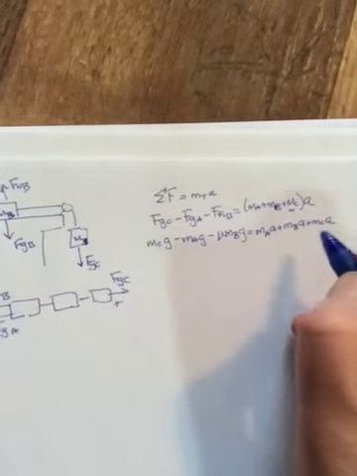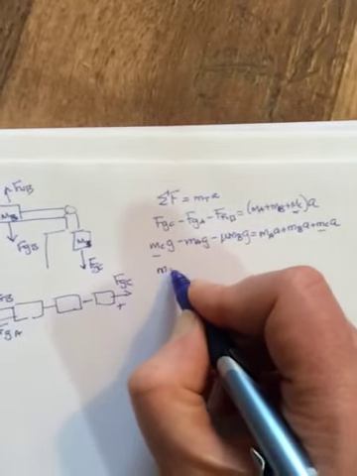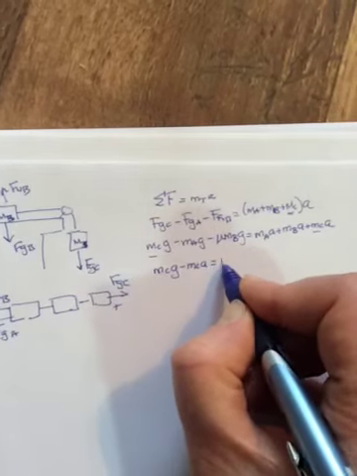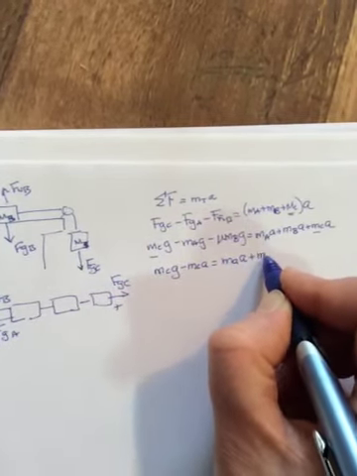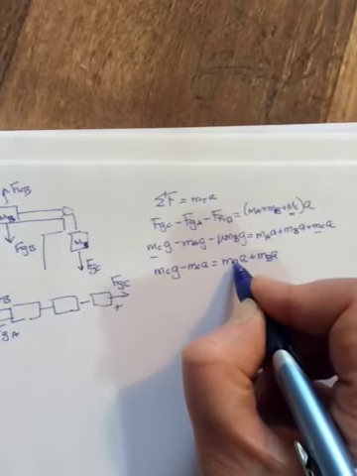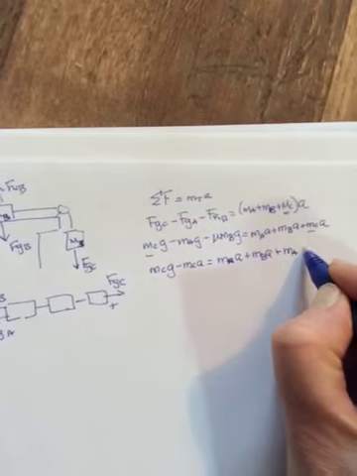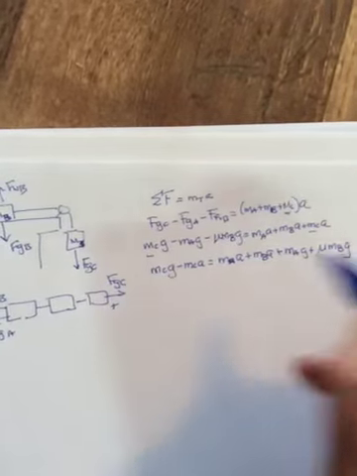You're trying to solve for MC, so take the two terms with MC to the same side. So MCG minus MCA is equal to MAA plus MBA plus MAG plus mu MBG.